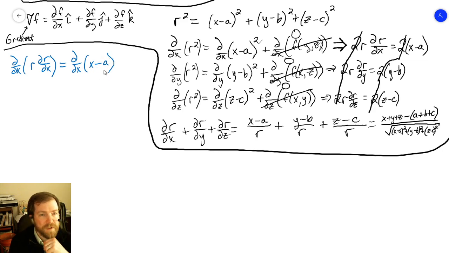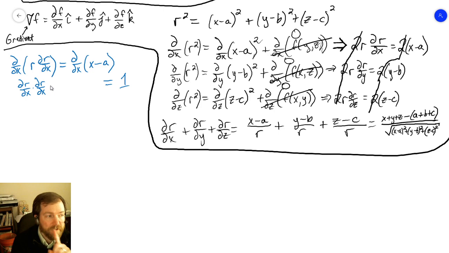So that side is just going to be 1. And this side, take the derivative here, we get dr dx times dr dx.